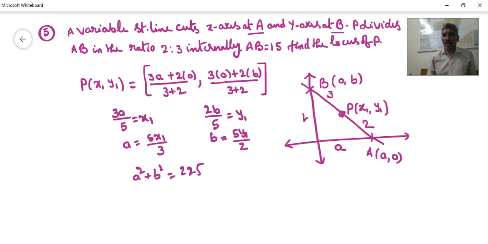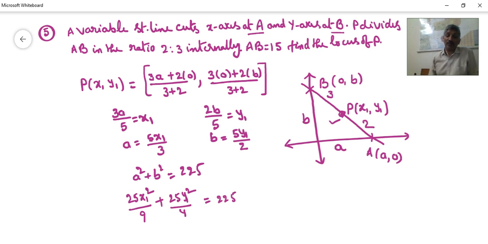And we have the information a square plus b square is equal to 225, because this length is a and this length is b. It is a right angle triangle, because the hypotenuse is given as 15, that's why a square plus b square is equal to 225. That's why we are getting 25x1 square divided by 9 plus 25y1 square divided by 4 is equal to 225.